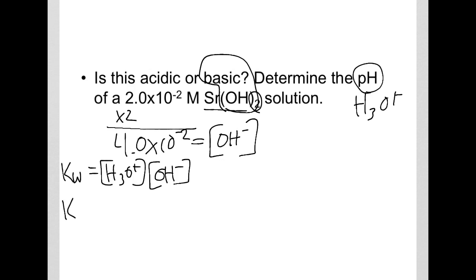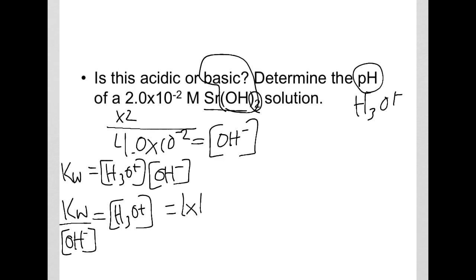So Kw divided by my hydroxide in this case equals my hydronium. So that would be my 1 times 10 to the negative 14th divided by my 4.0 times 10 to the negative 2, which gives me... Oh, I'm sorry, I was looking at the wrong one.